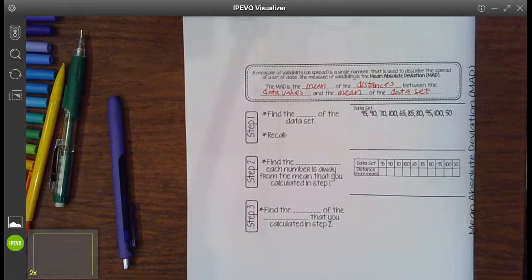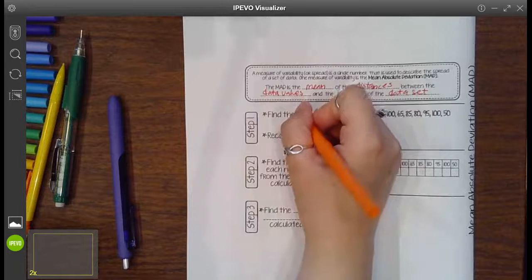All right, so first off, what do you do first? First, you find the mean of the data set.